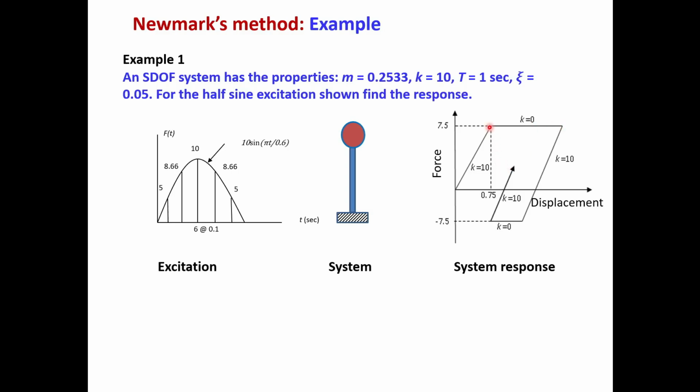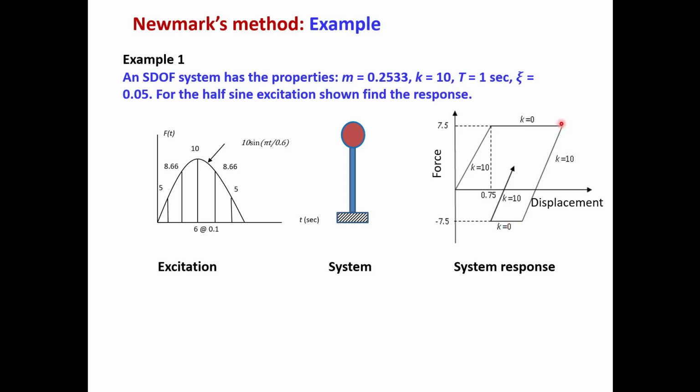Now where it will yield should be supplied to you. It is yielding at the point 0.75 unit of displacement. So you look at your displacement, and whenever it reaches this value of 0.75 unit, you understand that the stiffness has changed and my new stiffness will be K equal to 0. Where it will change to the reversal, you can also find out by noting the velocity of the system.